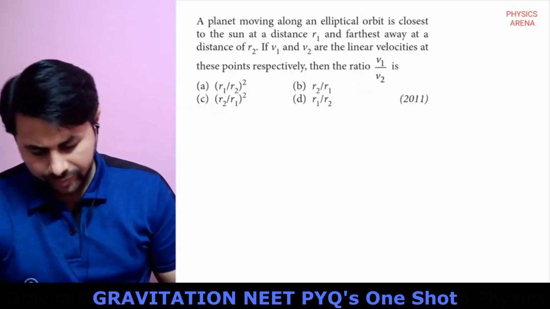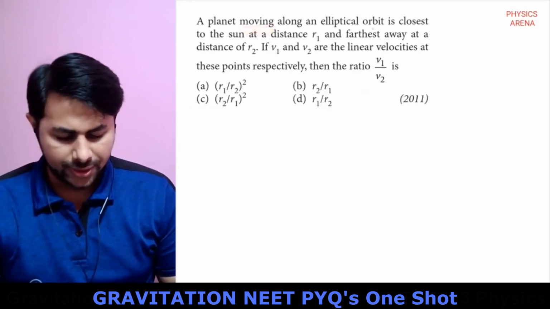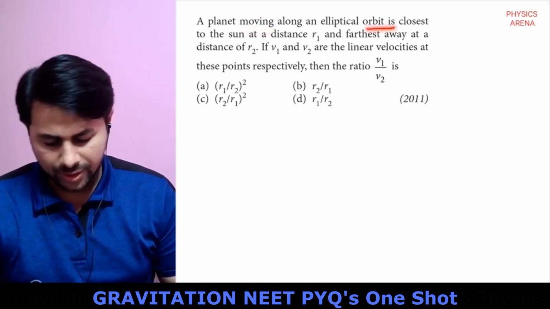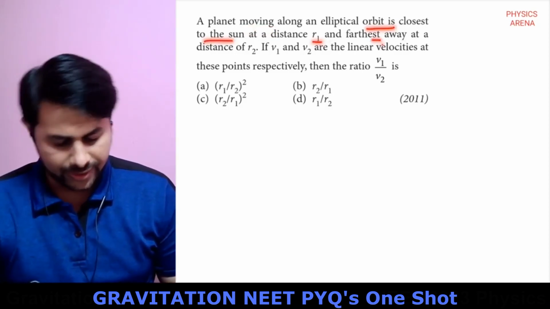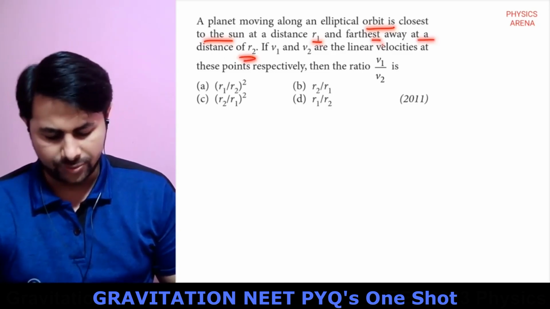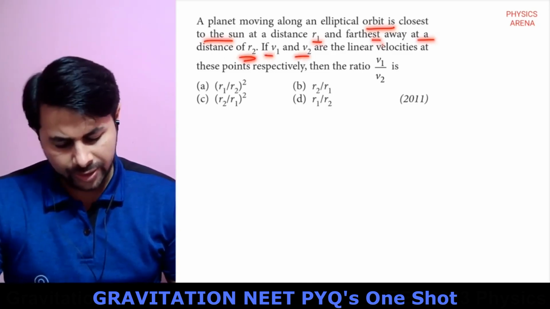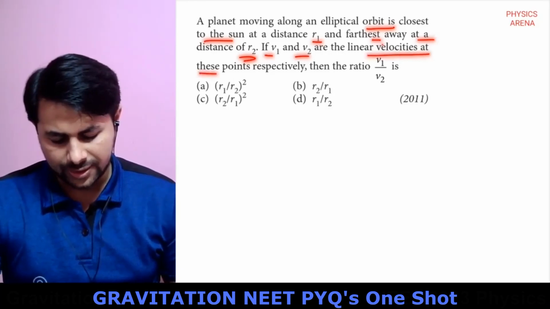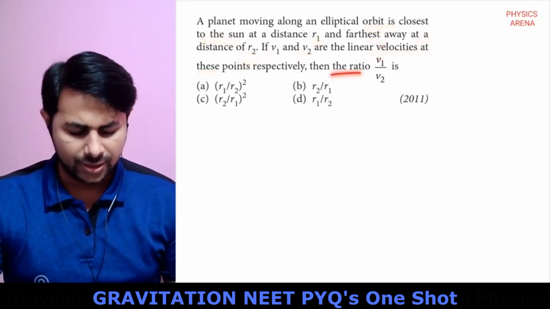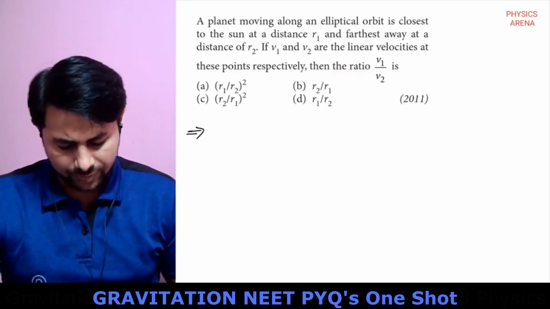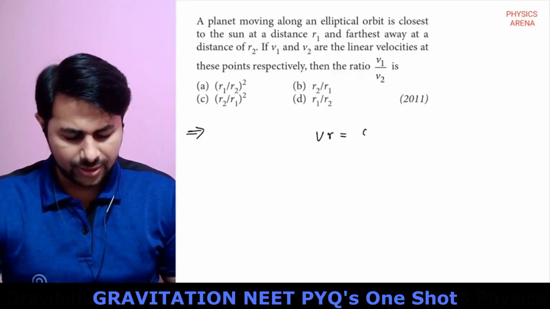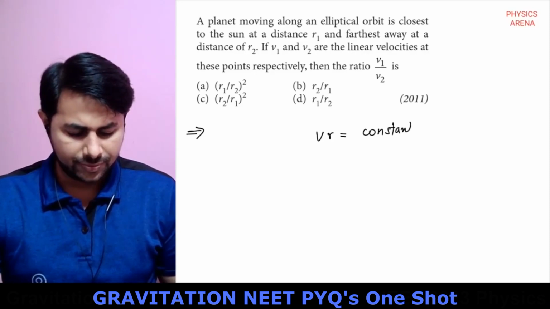Let's see this question. A planet moving along an elliptical orbit is closest to the Sun at distance r1 and farthest away at distance r2. If v1 and v2 are the linear velocities at these points respectively, then the ratio of v1 by v2 is? We have just seen that v times r is a constant.